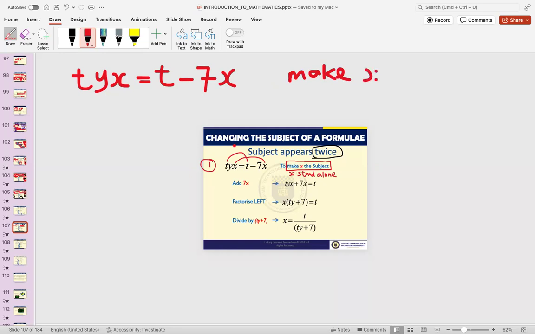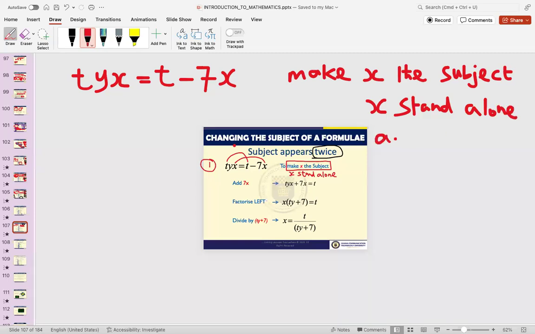Make X the subject means let X stand alone at the left-hand side of the equation.